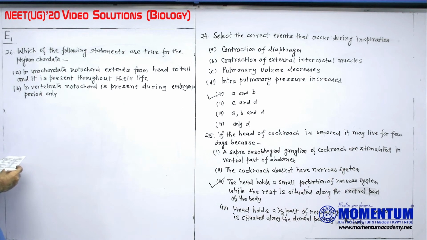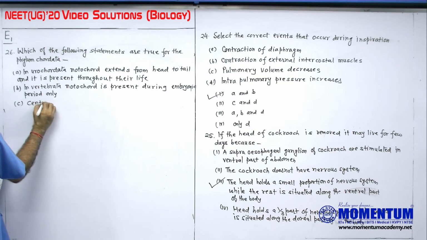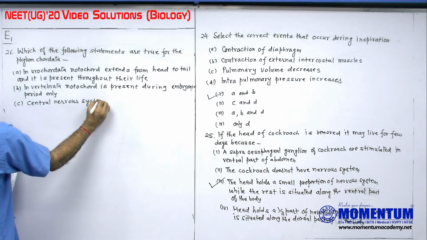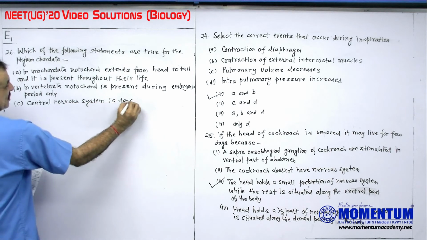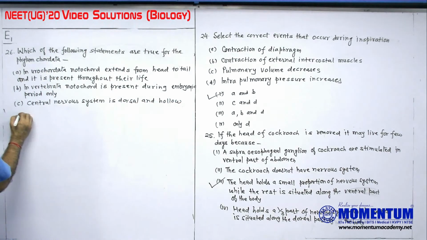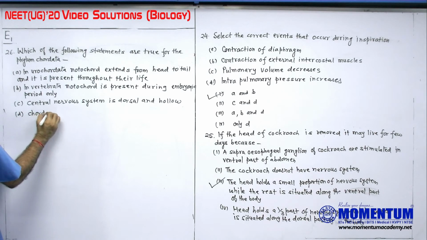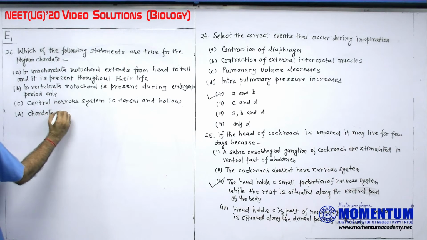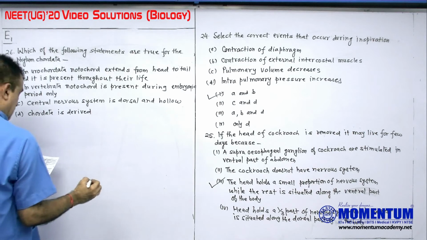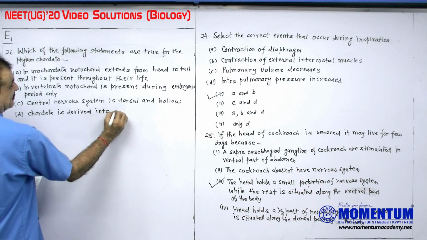Then the central nervous system is dorsal and hollow, while Chordata is divided into three subphyla.